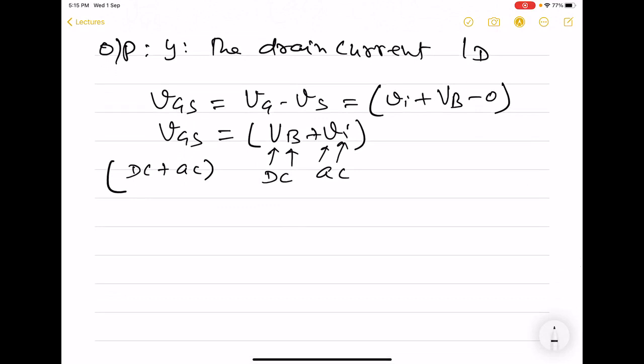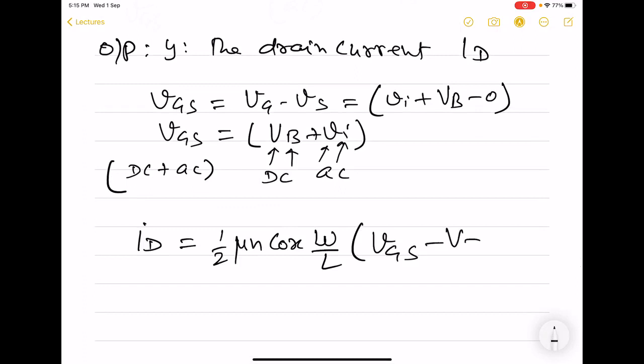So we know that the drain current is given by this expression. This is the most widely used expression, but it is not the most accurate.